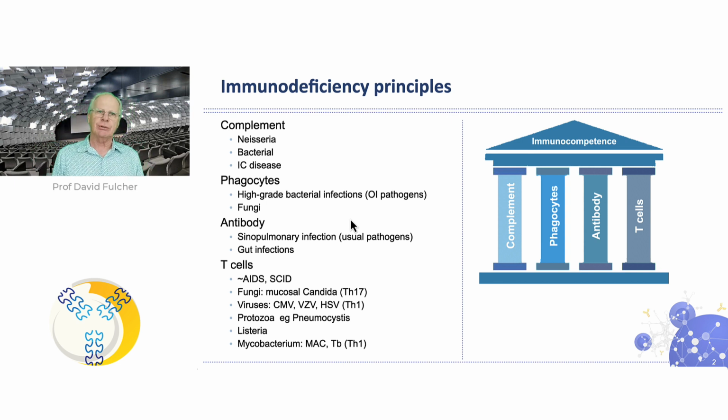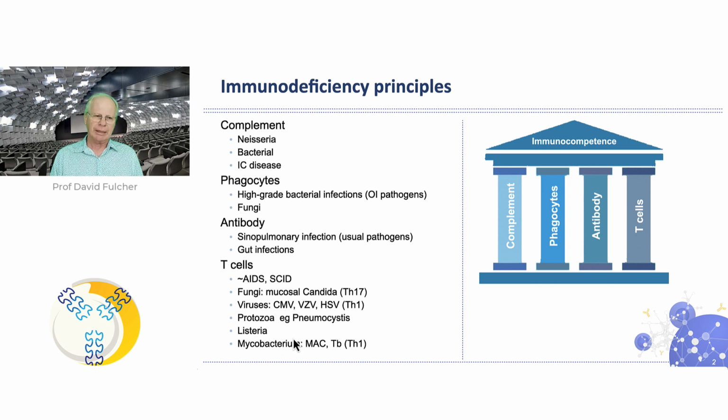If your T cells are lacking, think AIDS type infections if you're adult, think SCID if you're pediatric. So the things we see are, if their T cells are deficient, so probably the worst deficiency to have, although phagocytes is pretty bad, fungi, viruses, protozoa, listeria and mycobacteria.